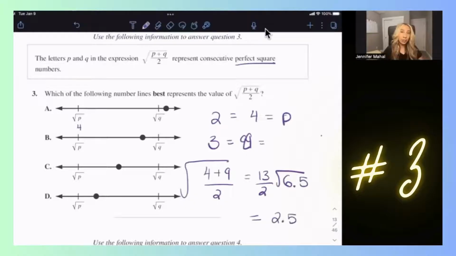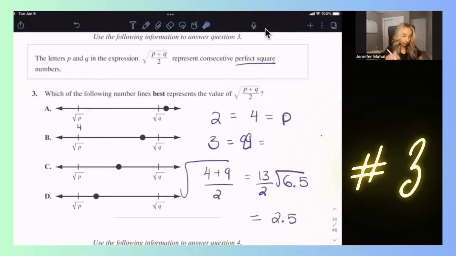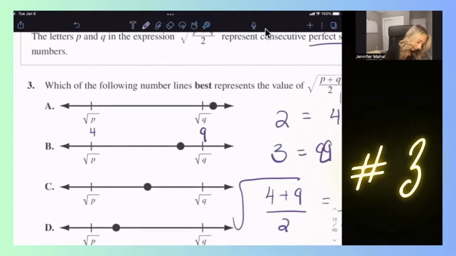So now we have to pop it back onto the number line. I'm just going to ignore those options there. But on this number line, we know P and Q are at the ends. Meaning if I make P 4 here, Q has to be 9 here. Now, when I take the square root of those numbers, that's going to give me 2 on this side and 3 on this side. Perfect. Those are consecutive numbers.